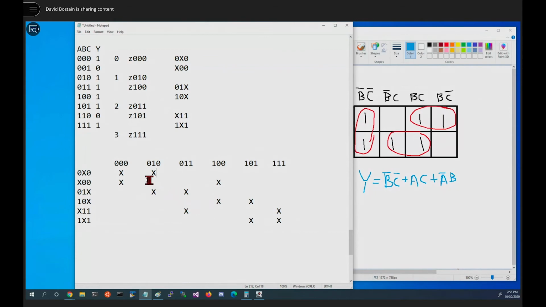So what I'm going to do is pick this guy right here and say that these two terms are covered. So he's covered. Let's make them lowercase z's. So they're covered by him.